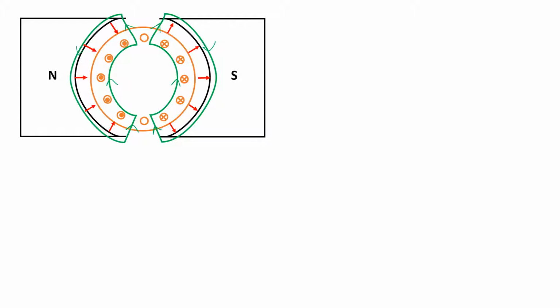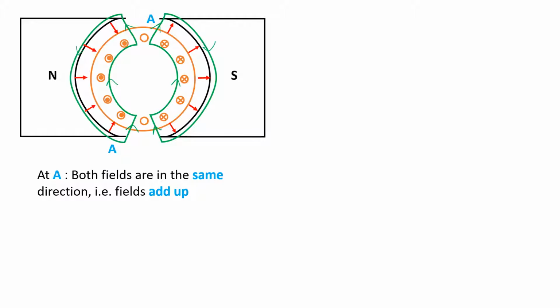So we mentioned two interesting locations on this machine, and we denote these as two points, A and B. At point A, shown at the top right location here, the magnetic fields are all pointing in the same direction.